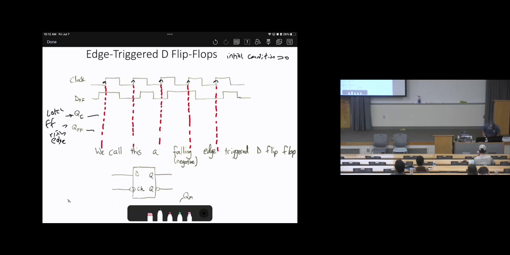So for the flip-flop, it will start with 0, then here it updates, D is 1, so it will go to 1. Then hold. Updates, D is 0, it will go to 0. Updates, D is 0, it will go to 0. Updates, D is 1, it will go to 1. Updates, D is 0, it will go to 0, and that's it. So doing the D flip-flop is much easier than the latch.